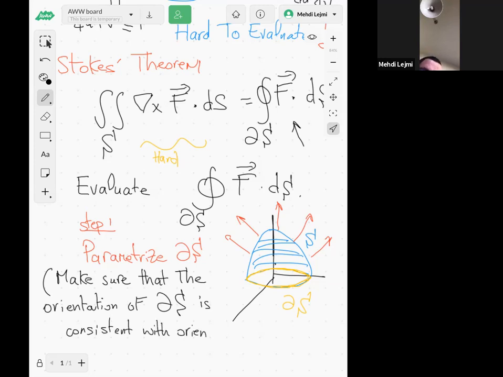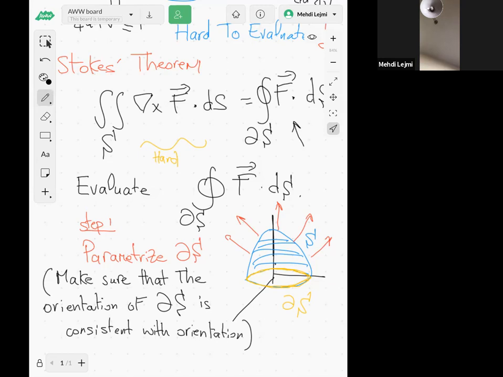To make sure that this is consistent with the orientation of S, remember, guys, we need to use the right-hand rule. The fingers of your right hand must curl in the direction of the orientation.